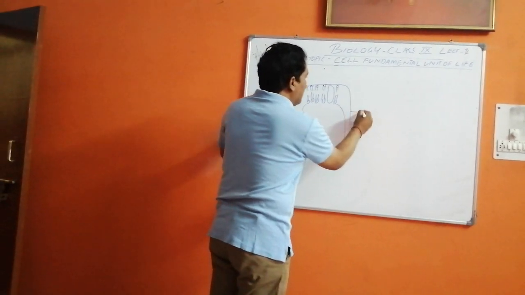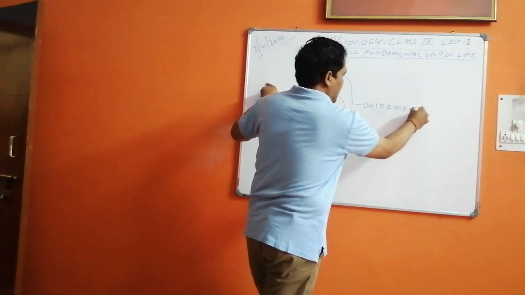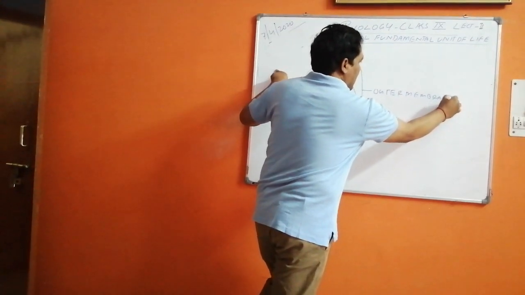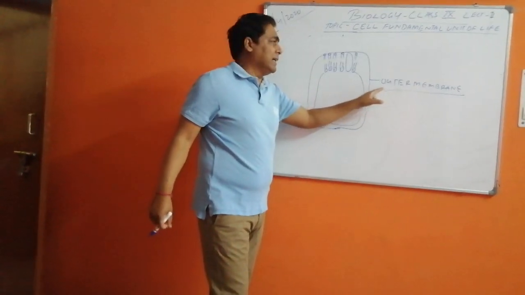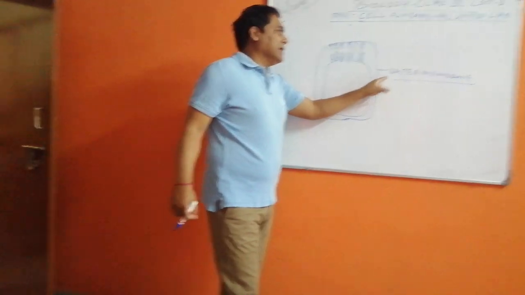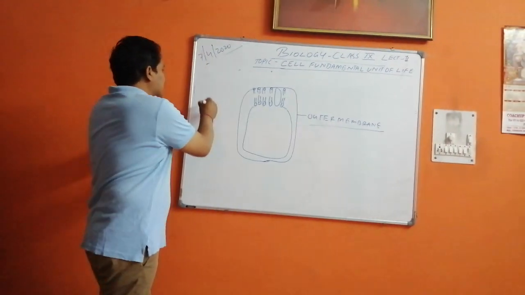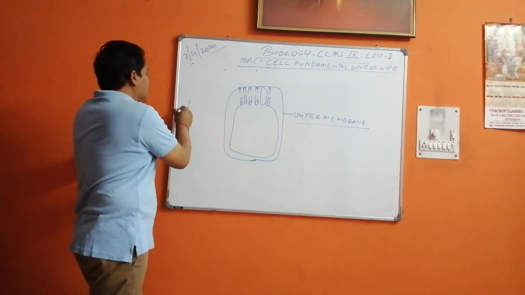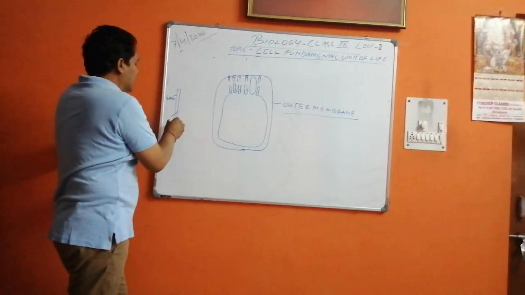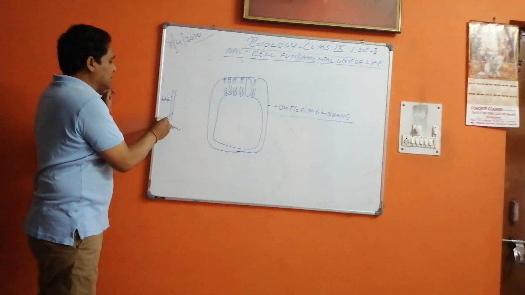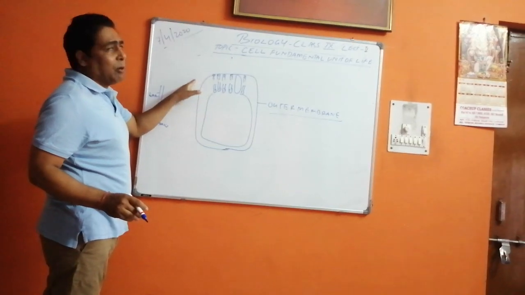In the case of animal cells, it is outermost, and in the case of plant cells, it is inside. Suppose this is a plant cell wall. So inside will be the membrane. This is the membrane inside, but in animal cells, it will be outside.